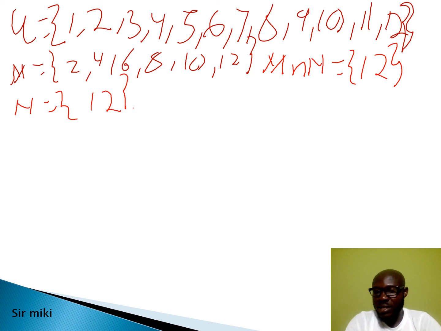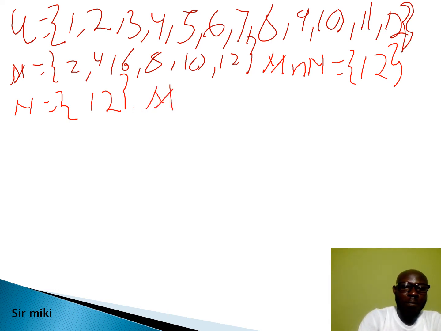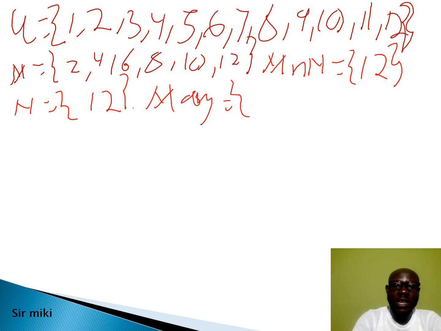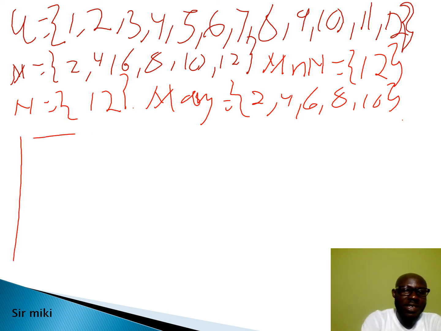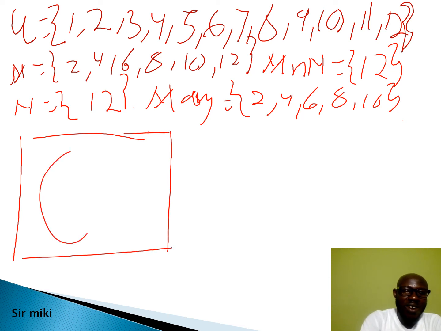Now we need to get M only. So M only will give us, since 12 is taken out, we will be left with 2, 4, 6, 8, 10. Alright. Now let's draw our Venn diagram and see what is left. Good.